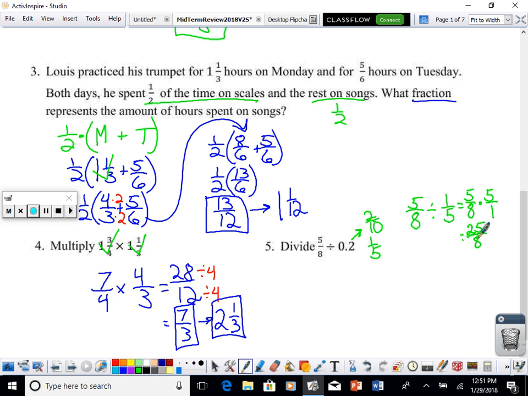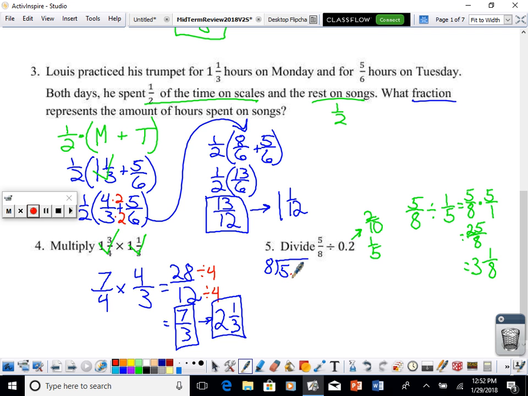Well, 5/8, if I turn that into a decimal, I would have to do 5 divided by 8. So if I do 5 divided by 8, 8 doesn't go into 5, so I would need to add a decimal and a couple of zeros. Well, 8 doesn't go into 5, so 0 up top. Don't forget your decimal. You need to bring that straight up. Now 8 doesn't go into 5, but 8 will go into 50. 8 goes into 50 6 times, because 6 times 8 is 48.